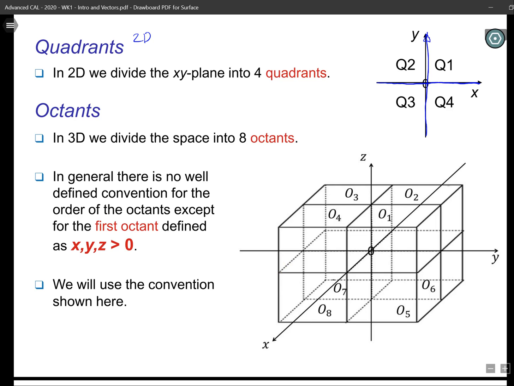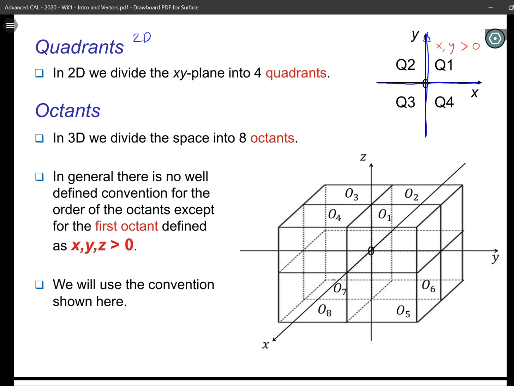Of course, we get the first quadrant right here, Q1, and usually we specify the first quadrant when both variables are positive. So in quadrant 1, x and y are greater than 0, positive.